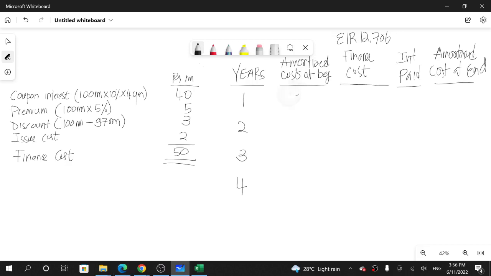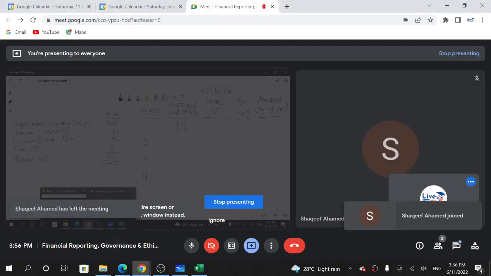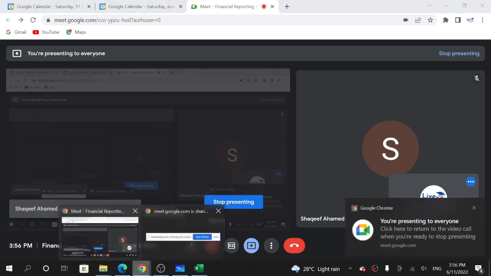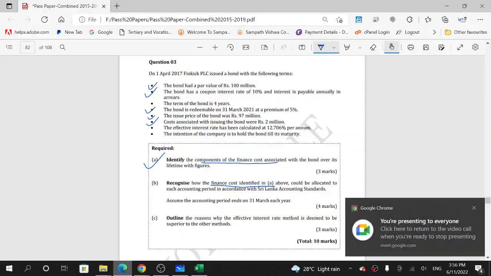So initial recognition amount will be fair value minus, this is a liability, right? So you have to deduct the initial cost. So that is 95.